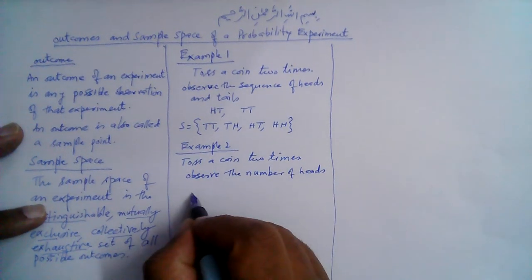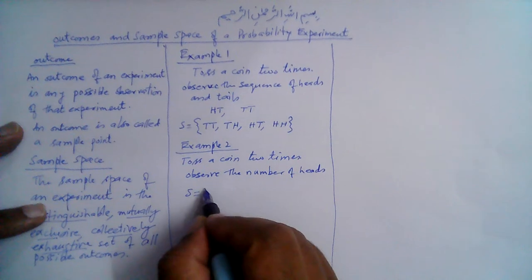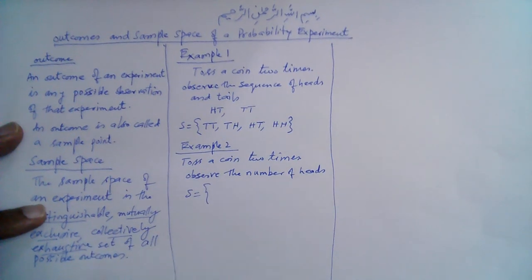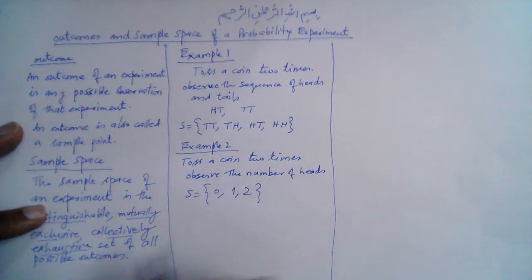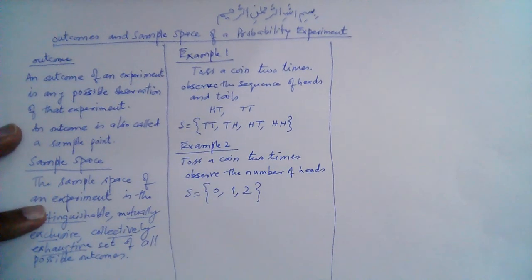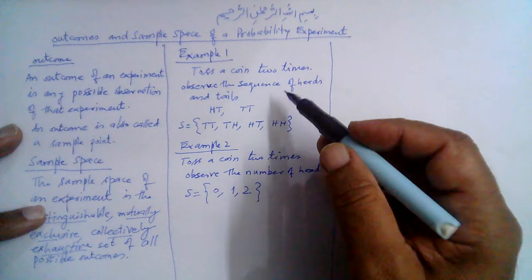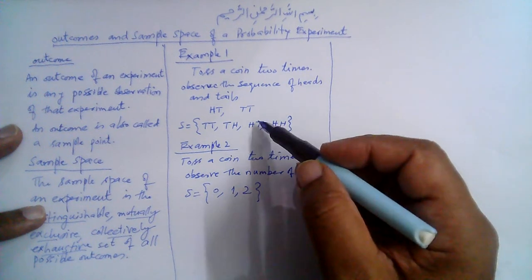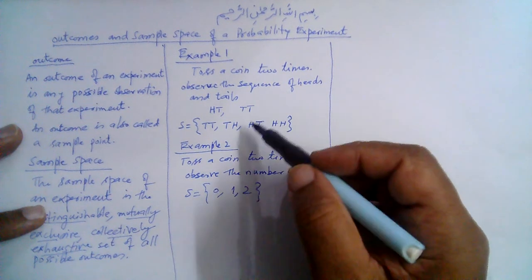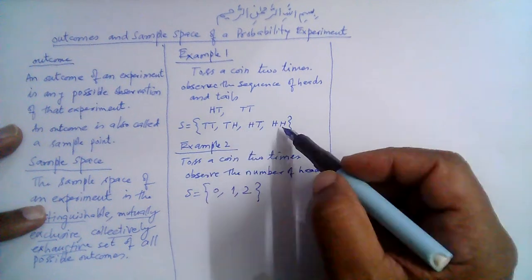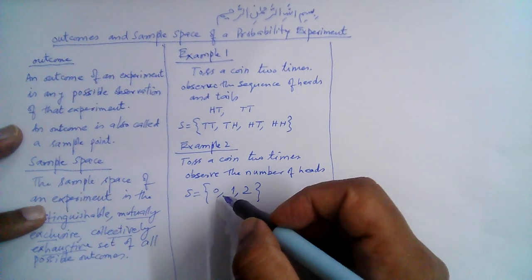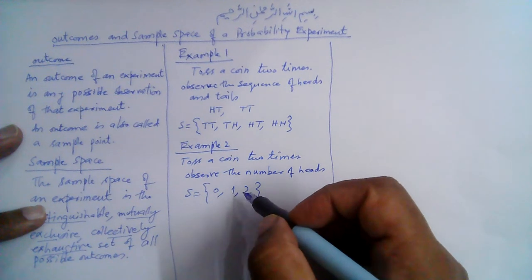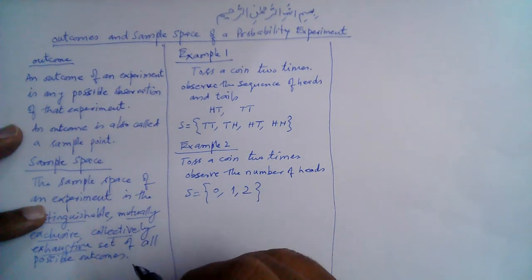So the sample space of this experiment will be 0 or 1 or 2, right? See, the procedure in both experiments is the same, but we have a different sample space for each case. In the first case, the sample space is the sequence of heads and tails. In this case, the sample space is the number of heads, which is either 0, 1 or 2, right?